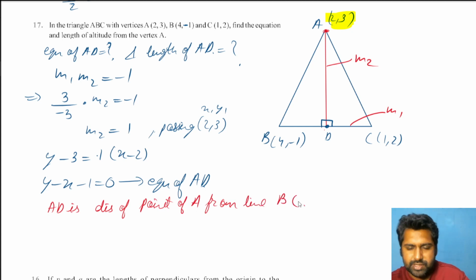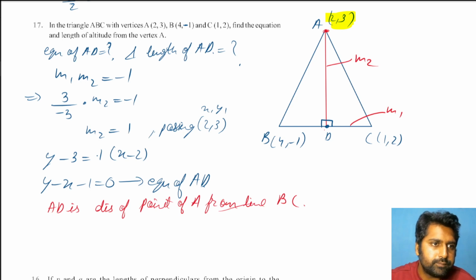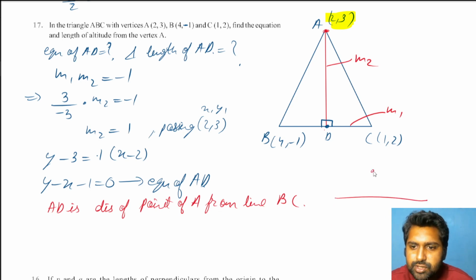You have to understand, because distance is always calculated perpendicularly. Suppose this is a line and I ask you to calculate the distance, you never calculate distance like that. This is the distance, no, this is the distance, shortest. Okay.